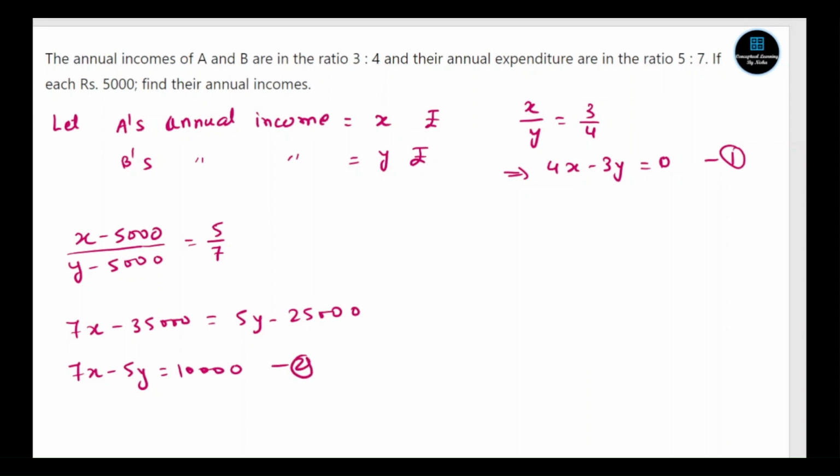And now you know the methods, how to solve them. You can apply any of the methods. So what I'll do, I'll just write the answer now.